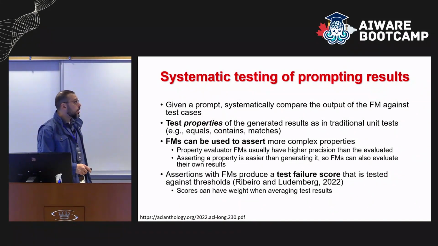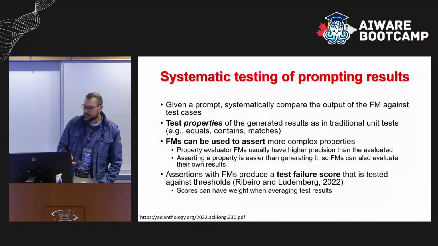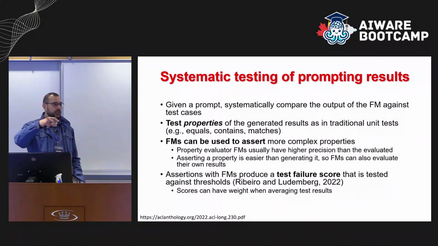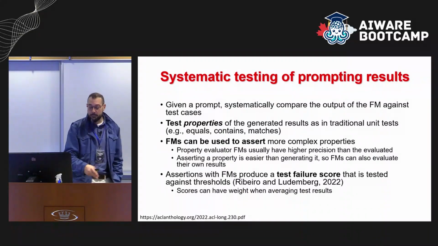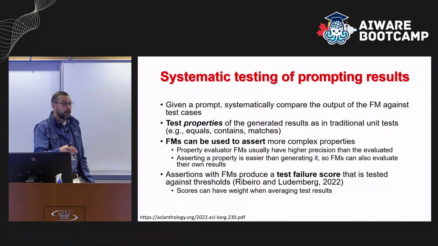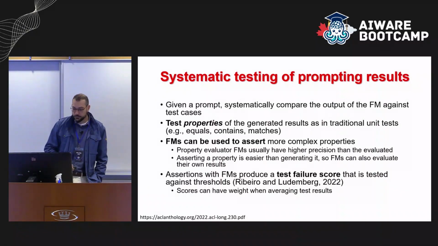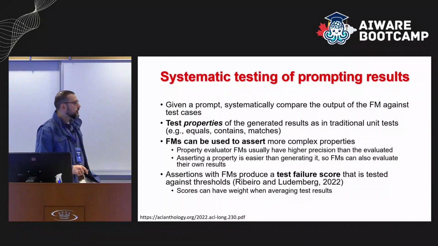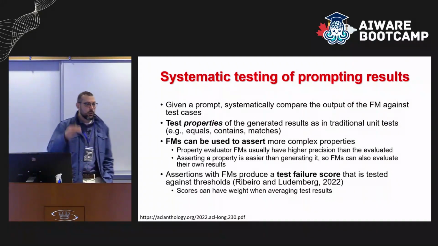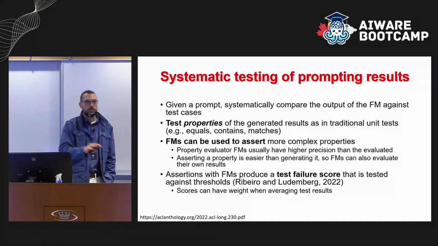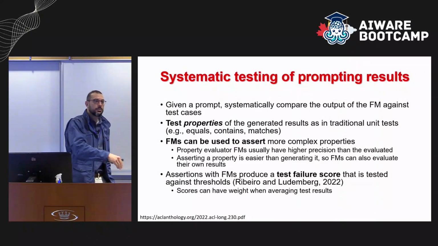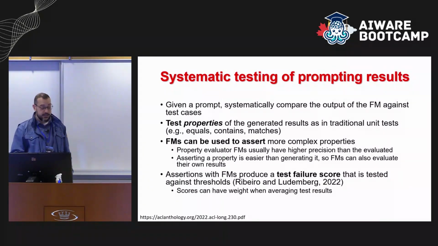Foundation models can also be used to assert more complex properties. You can have an evaluator foundation model to check if the response has some property that is not easily verifiable by a fixed logic, okay? And you can also use these assertions with a foundation model to produce a task failure score that, when it's below a certain threshold, you just say, okay, this task here just failed. I need to do something on my prompt, okay, to fix this issue.